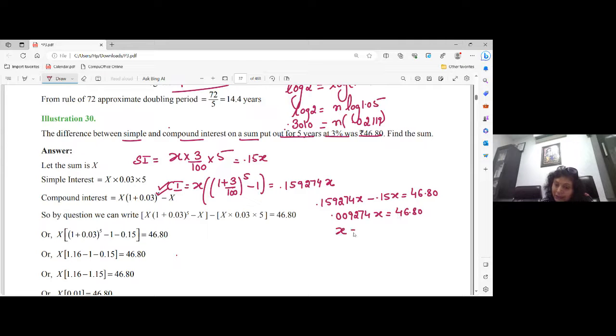So x is equal to 46.80 divided by 0.009274. So answer is 5,046 rupees.